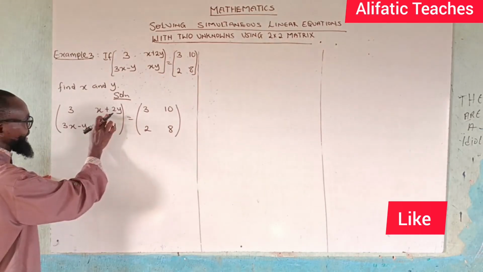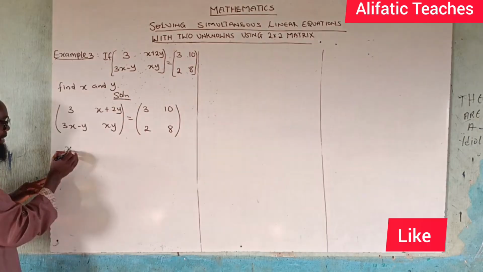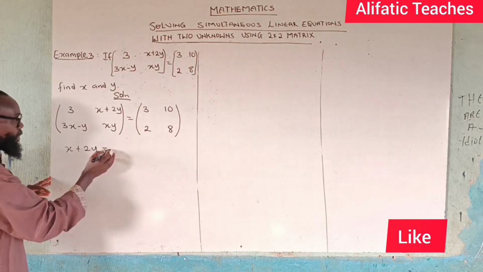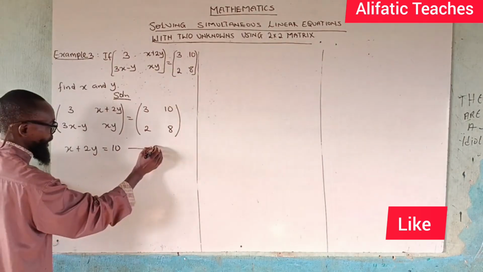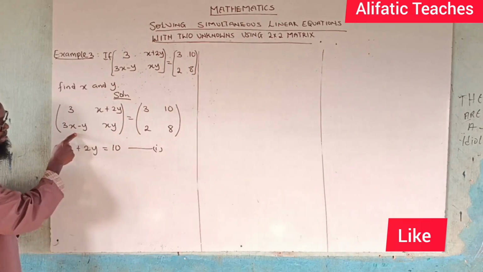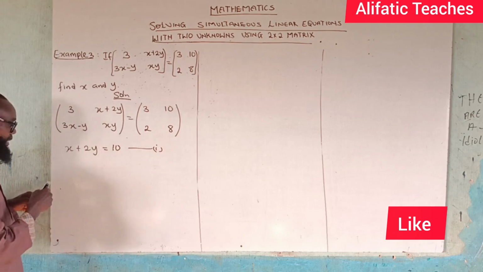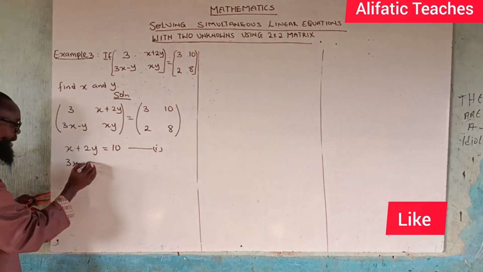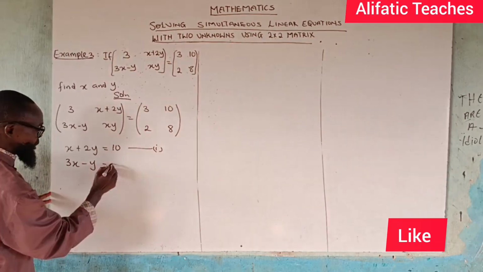So x, this is first row, second column. That is x plus 2y is equals to first row, second column, 10. Equation 1. This one can be found in second row, first column. That is 3x minus y equals to second row, first column, 2.